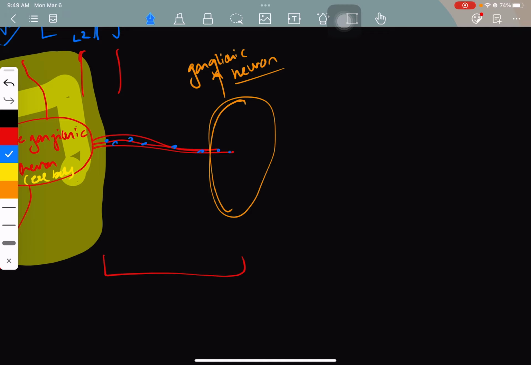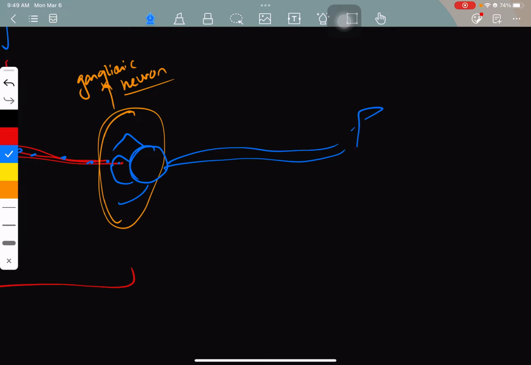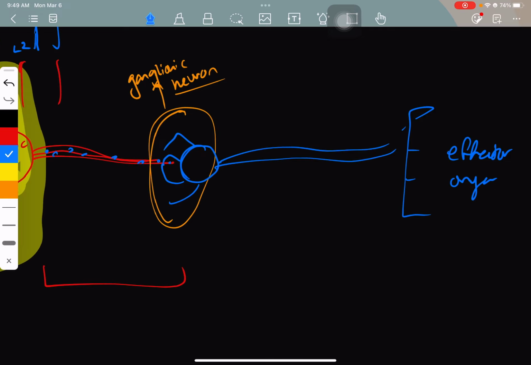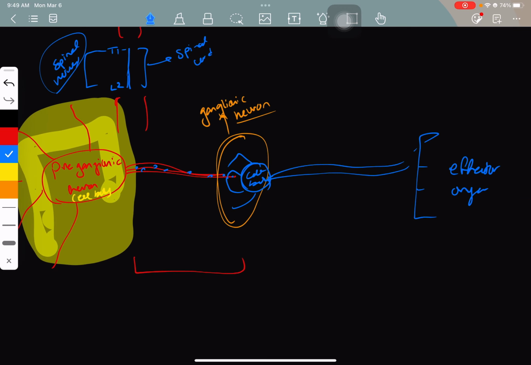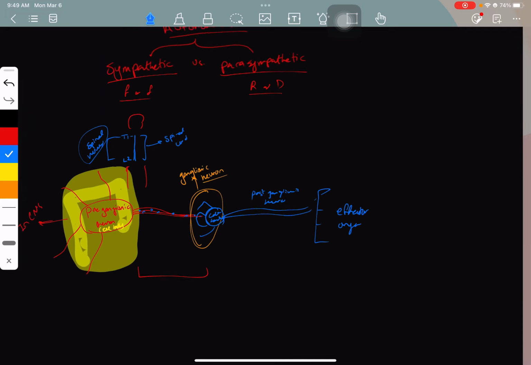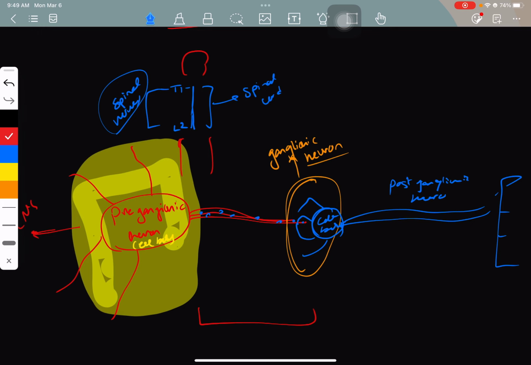That has its cell body, and it synapses, and then goes out to make an effect. So this is the effector organ. This is the postganglionic neuron.